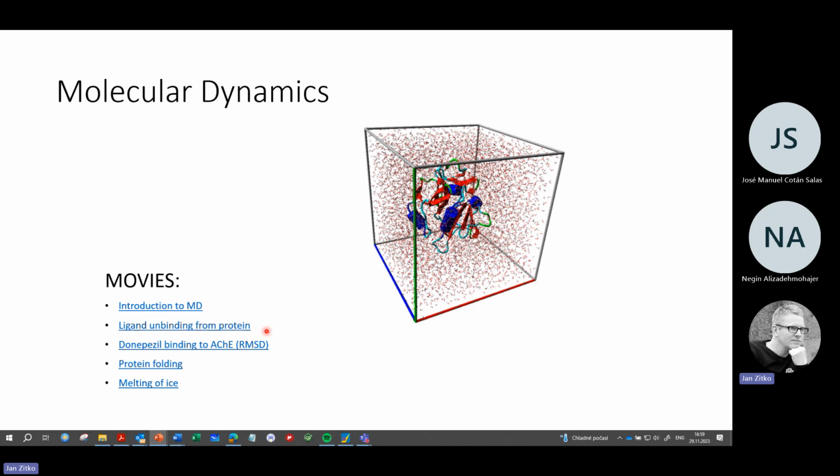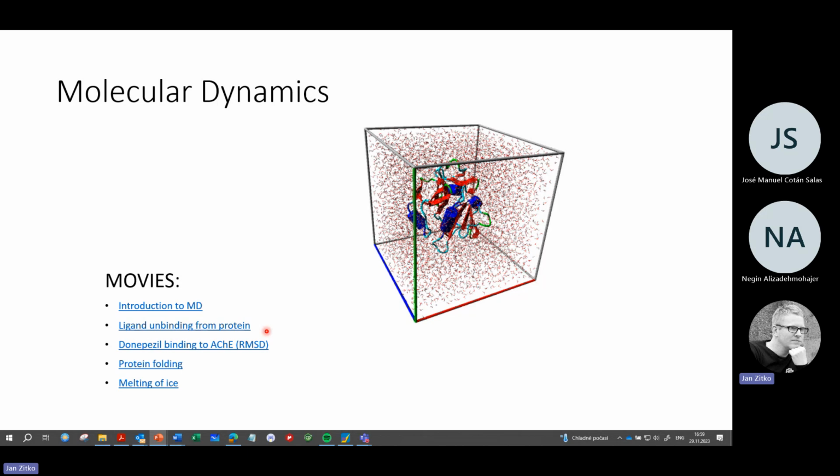You should know something about the boundaries, that most often we use periodic boundary conditions. You should know that the systems are simulated as close to the real systems as possible, so we have water, ions, temperature control, pressure control, and so on.